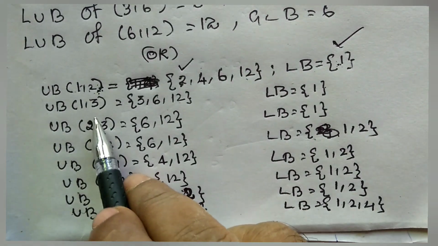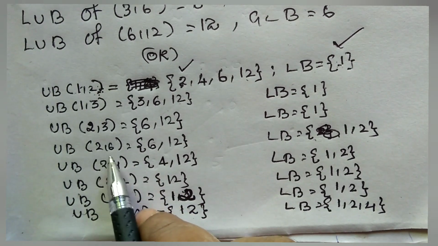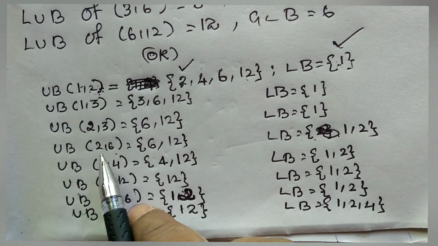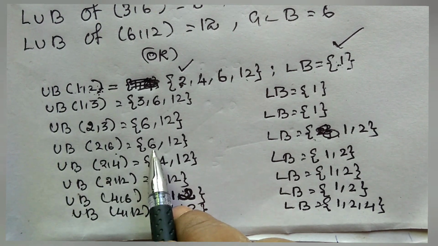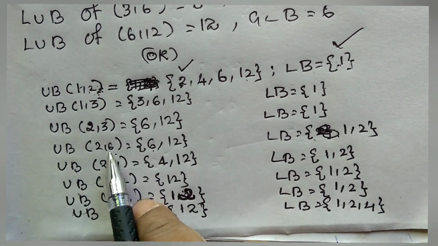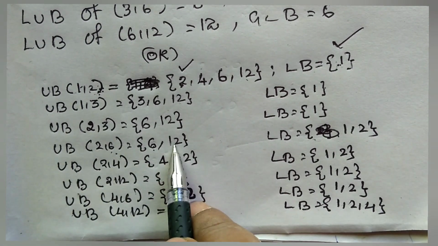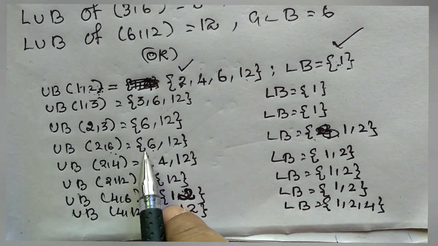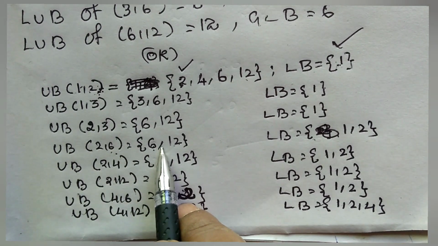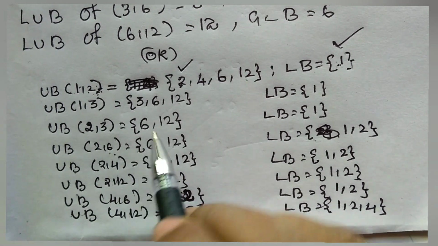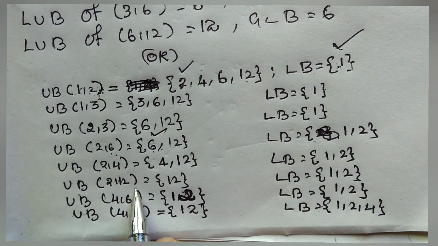Now we take another one, 2 and 6. 6 is divisible by 2, 6 is divisible by 6, 12 is divisible by 2, and 12 is divisible by 6. So these are the only elements from the given set. From these we take the least value as the LUB, so 6 is the LUB.